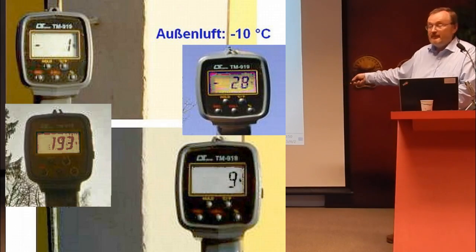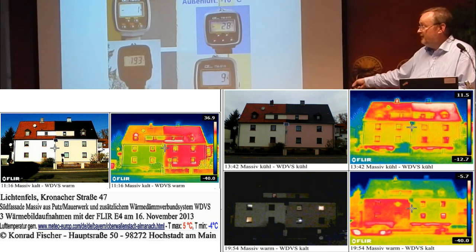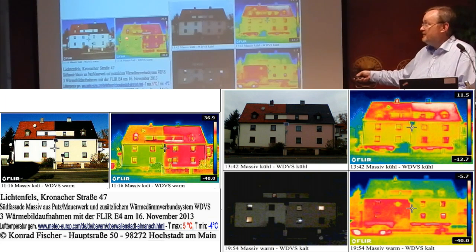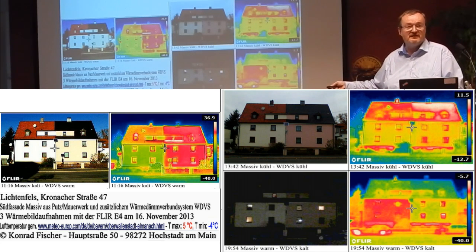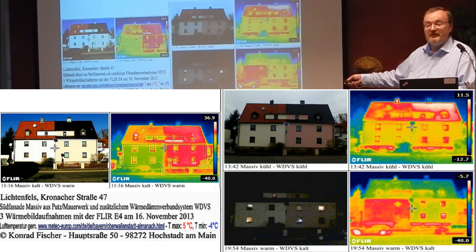I measure for myself, and I know the temperature of the air and of the building. And here in my district city, I show the same house. In the morning, the sun is shining, and here it's covered with ETICS, the name for external thermal insulation composite system, and here it's the original facade of only bricks and rendering.